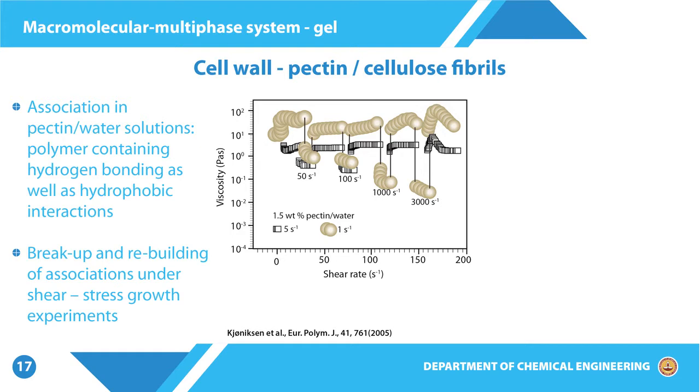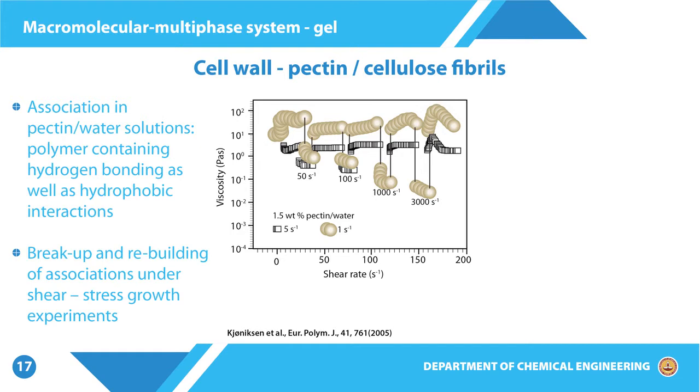But of course, once we remove this very high strain rate and bring the material back to low strain rate, we can see that again viscosity builds up, or the associations have started to again form. Of course, the overall viscosity that is reached may not be the same as unsheared samples. So, indicating that the formation and breakage of associations are time dependent phenomena, they depend on shear as well as the amount of time available.